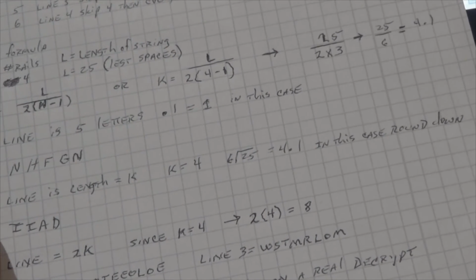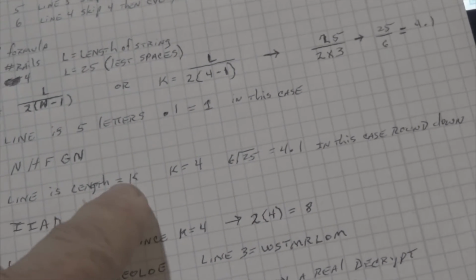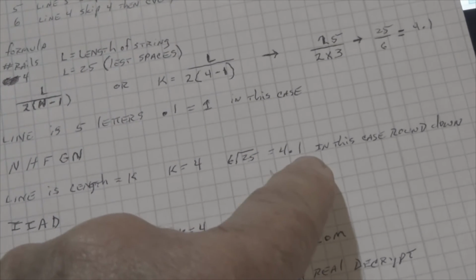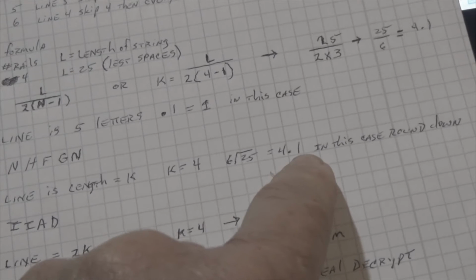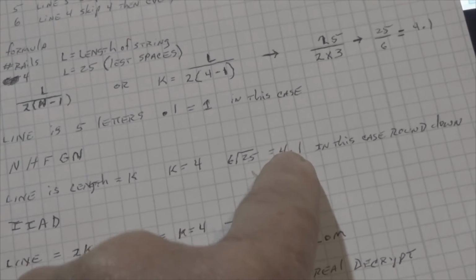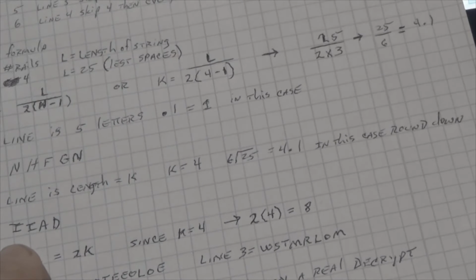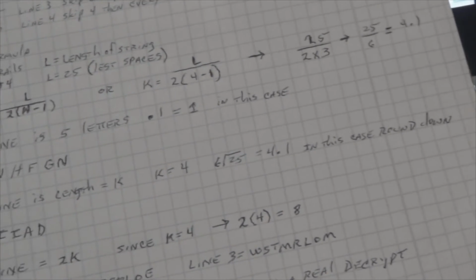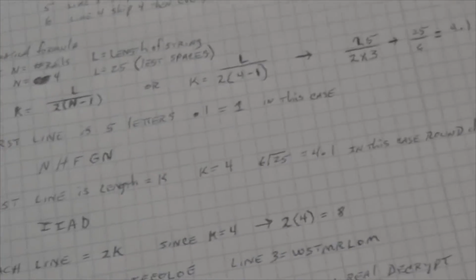I'm trying to read over my camera. The last line is k equals 4. The reason being is because now this point 1 doesn't count because you don't have 26, you only have 25. So it's going to be 4 characters. Your decrypt rather, is going to be IIAD, which at the top, if you review back, is IIAD.